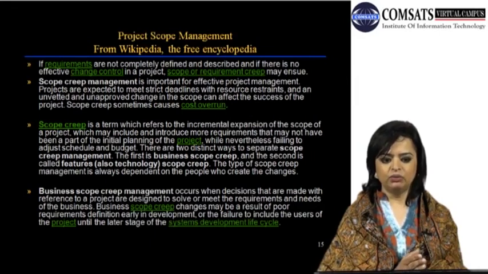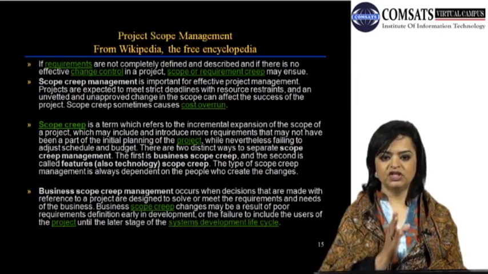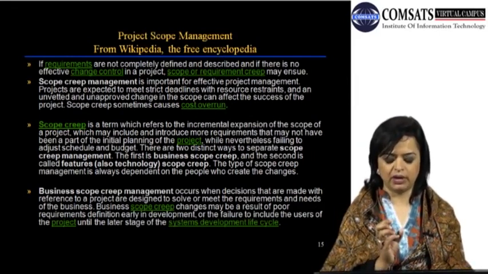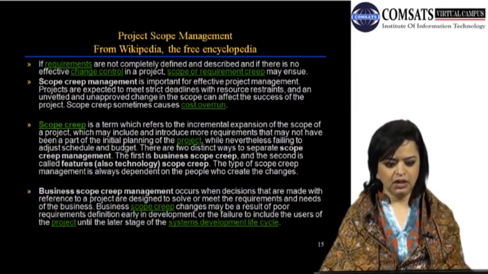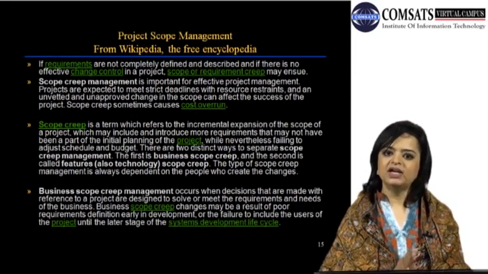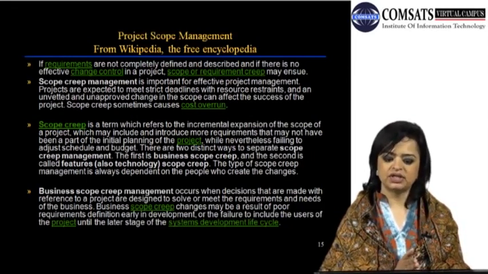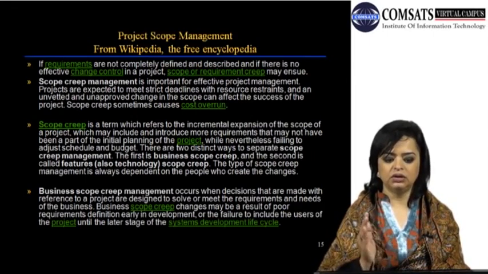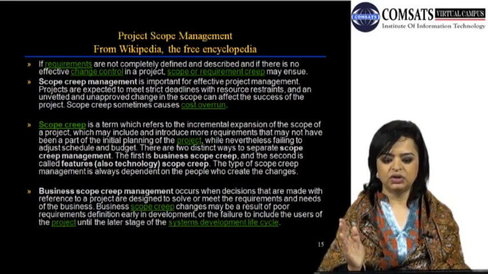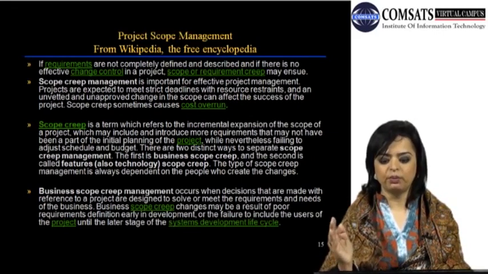So now we are moving from the first process of project scope management, which is collecting the requirements. And we are saying that if at that point in time the first process is not completely defined and described, then you are actually going into a lack of effective change control in a project. And if there is no effective change control, then you are actually going into scope creep or requirement creep.